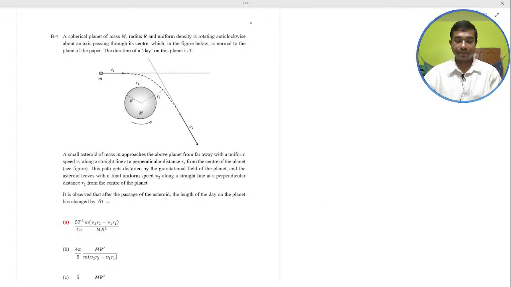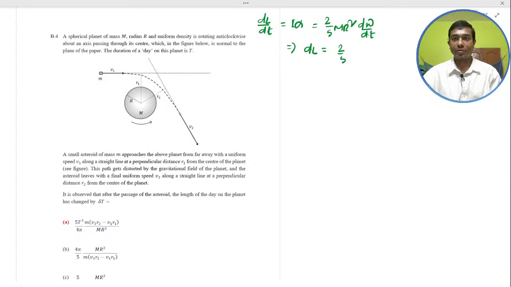That means dL/dt is I alpha, which is nothing but 2 by 5 m r square d omega/dt. That means dL equals 2 by 5 m r square d omega.